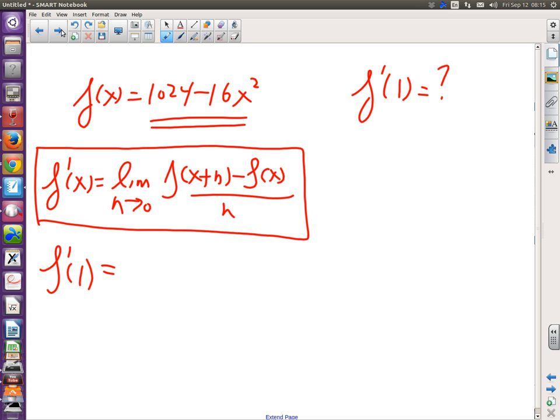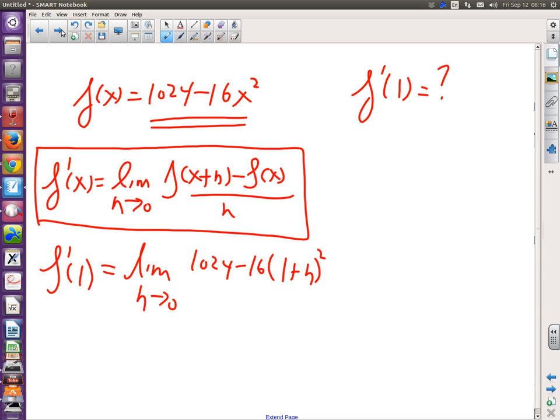So in place of x, what do you write? 1 plus h. Because this is a composition. Remember composing functions? F of x plus h means take x plus h and plug it into f of x, right? So I'm going to write the limit as h goes to 0 of 1024 minus 16 times 1 plus h squared. That's this thing, plug in 1 plus h.